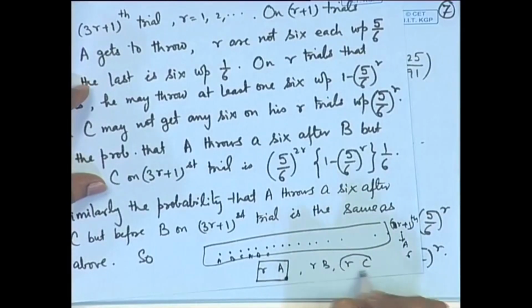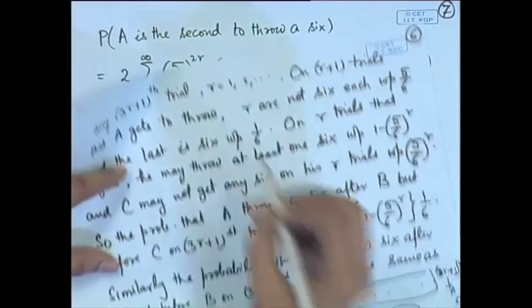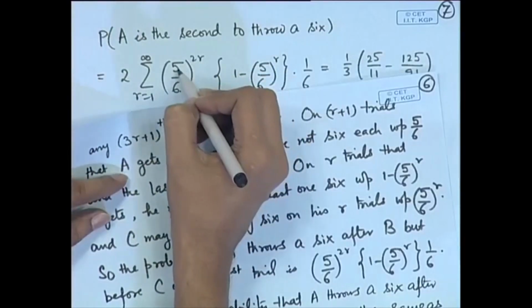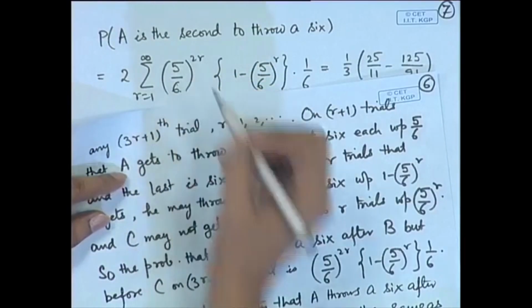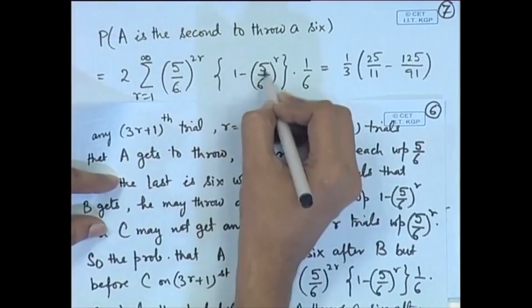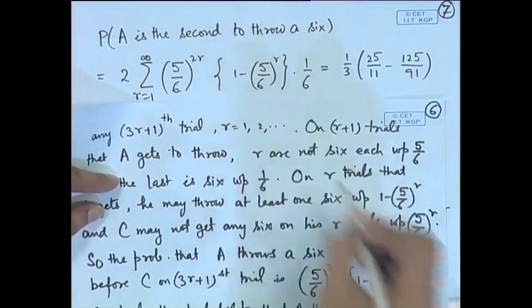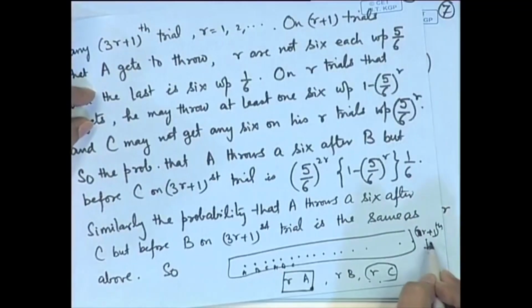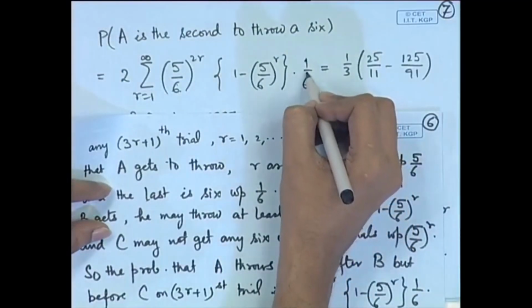For C, there is no 6, therefore the probability for that is also 5 by 6 to the power r. So, the probability becomes 5 by 6 to the power 2r. For B, he gets at least one 6, therefore the probability is 1 minus 5 by 6 to the power r. On the last trial, the 3r plus 1th trial, A gets a 6 and the probability for that is 1 by 6.